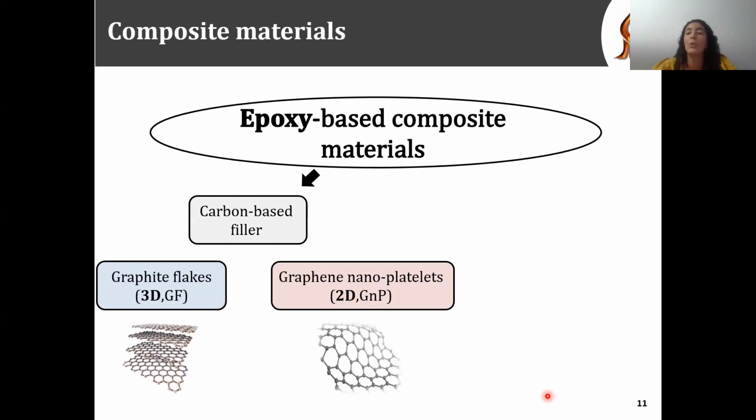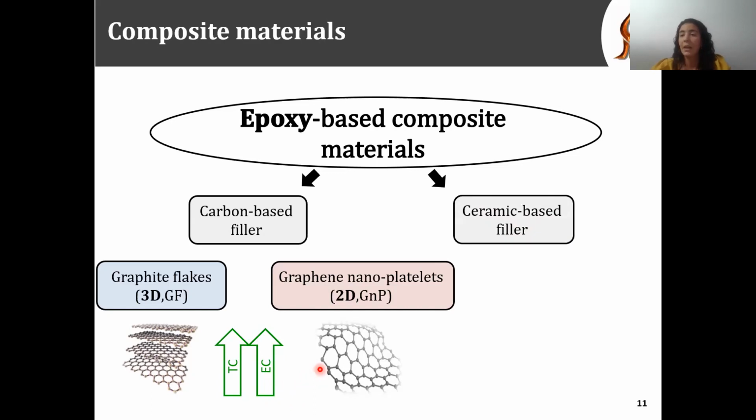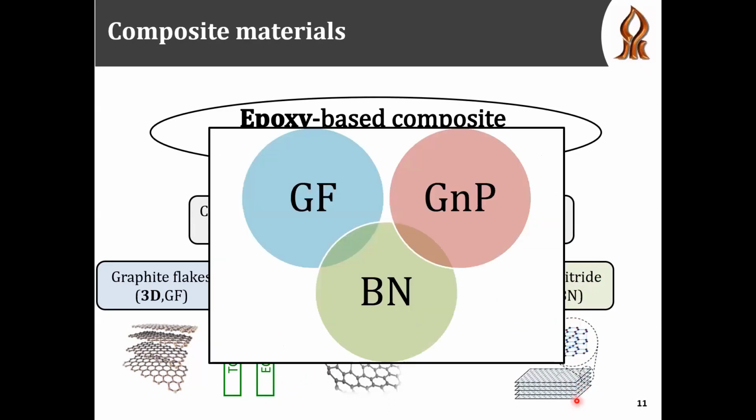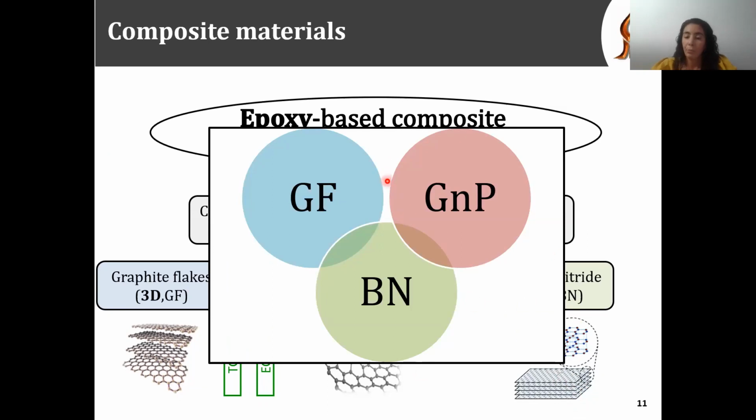Unfortunately, the fillers that we used so far, which are carbon-based materials, are characterized by both high thermal and electrical conductivity. Therefore, the combination of boron nitride as a thermally conductive, electrically insulating filler seems the best option to receive the desired properties, which are high thermal conductivity and also controllable electrical conductivity.